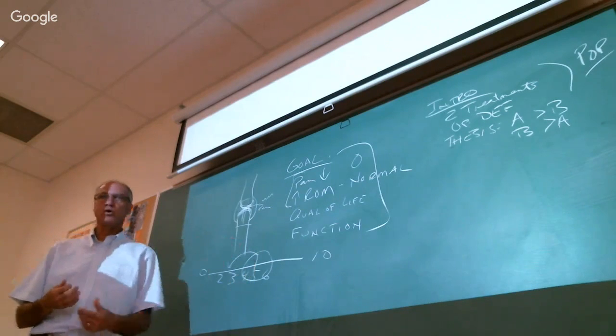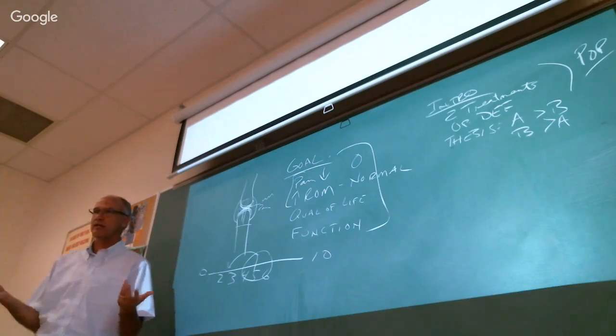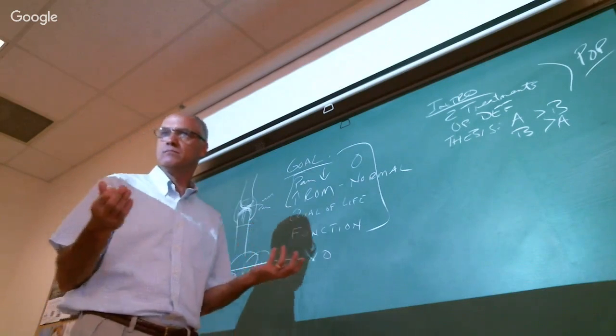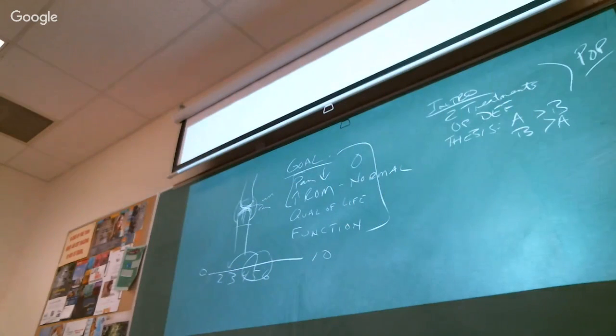So if half the people move in a study, is that good? If half the people get to where you want it to be, is that a good result? I don't know. Maybe. Maybe not. If 30% move, it depends on what the treatment is, right?